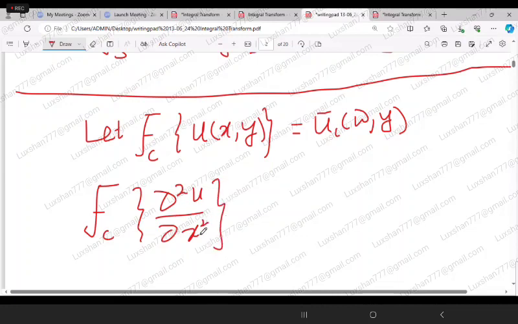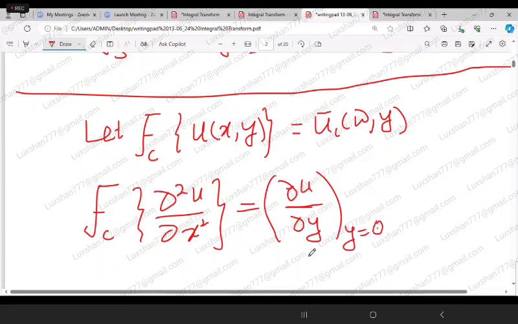This is equal to −∂u/∂y at y equals 0 minus ω² ūc(ω,y).